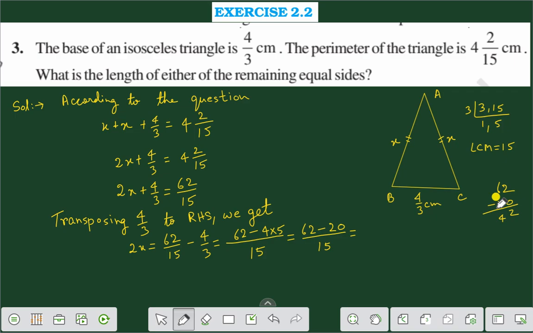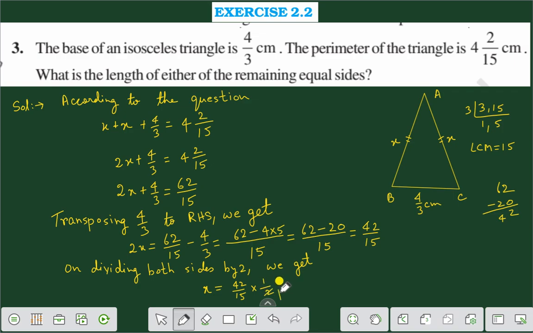We are getting 42/15. Now on dividing both sides by 2, we get 2x by 2 is x is equal to 42/15 divided by 2, that is into 1/2.